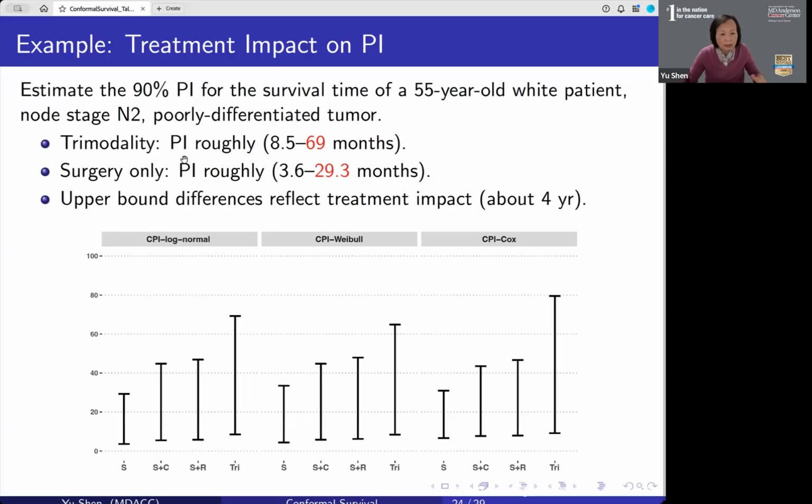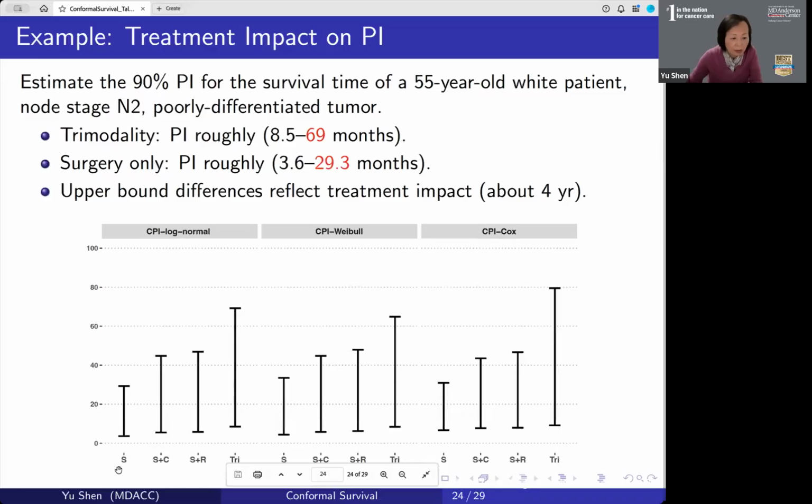Using the training data and inserting her own characteristics, that's the predictive interval we obtained for those four different treatment strategies. Surgery alone, surgery plus chemo, and surgery plus radiation are similar, and then the trimodality. Trimodality looks like the upper bound is much higher than the others.